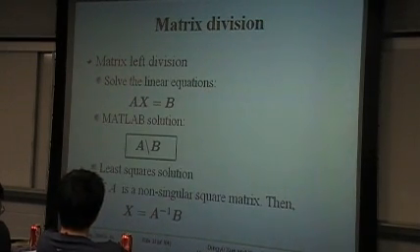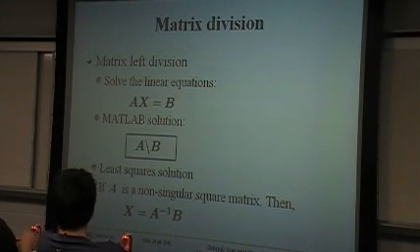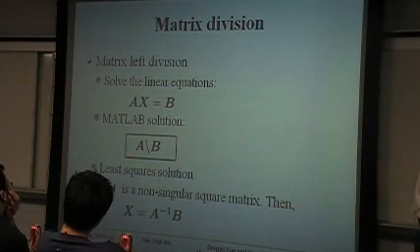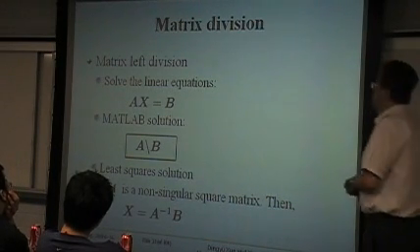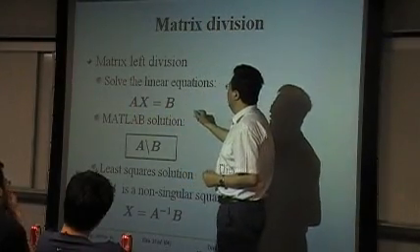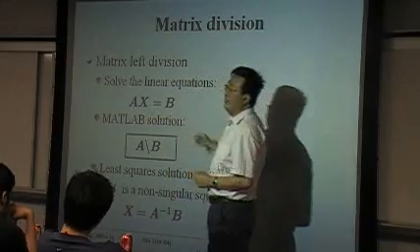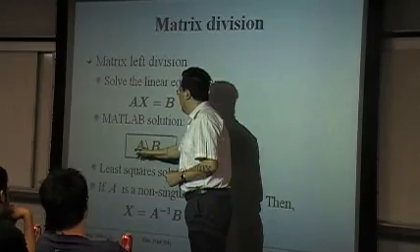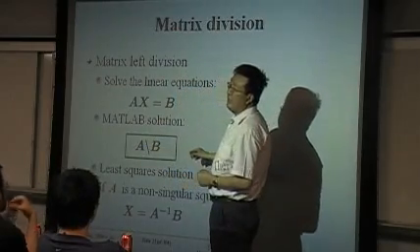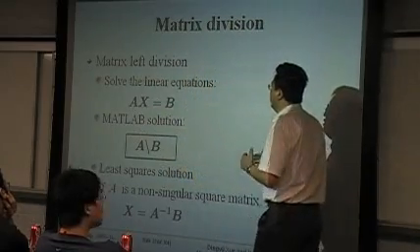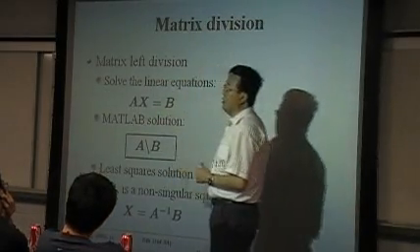Matrix division. For scalar division, it is quite easy to carry out. But for matrix division, it is usually defined as left division and right division. For instance, if you have a linear equation like this, and you want to solve for x given A and B, what you need to do in Matlab is x equals A backslash B. In this case, we call it left division, which is a solution to this matrix equation.